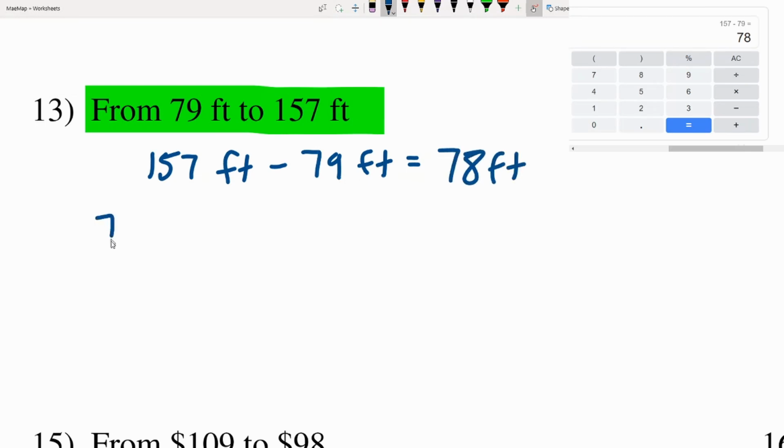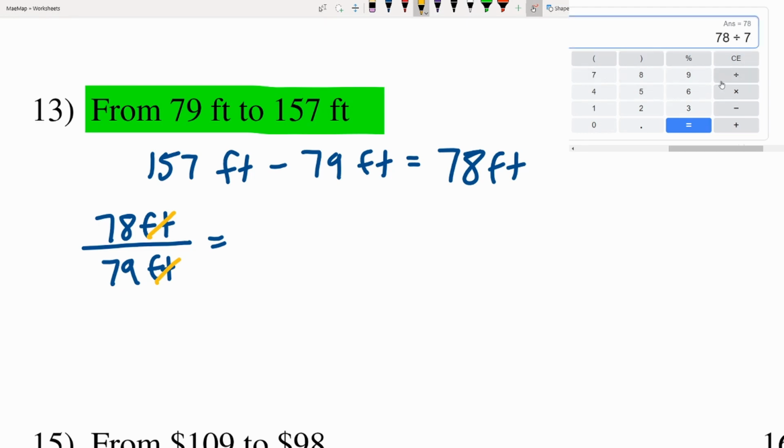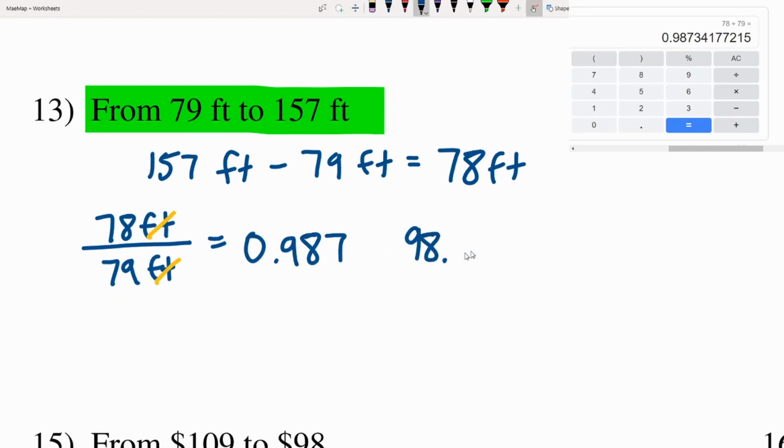So we'll take that 78 feet and divide it by our original 79 feet. Notice that our units are going to cancel out, and we're just going to have a decimal. 78 divided by 79 is going to give us 0.987. Changing that to a percent, that's 98.7%, and that's an increase.